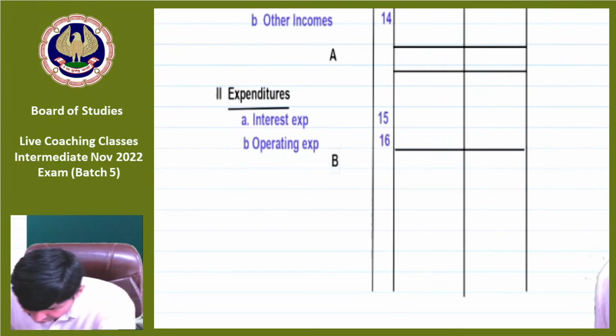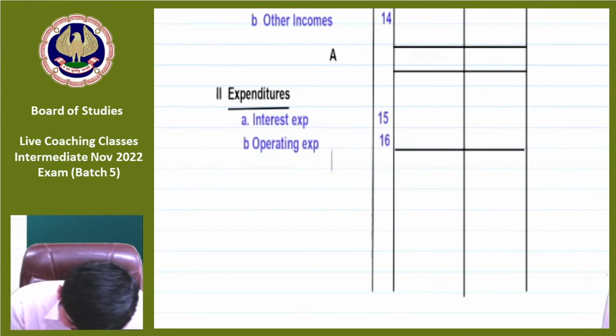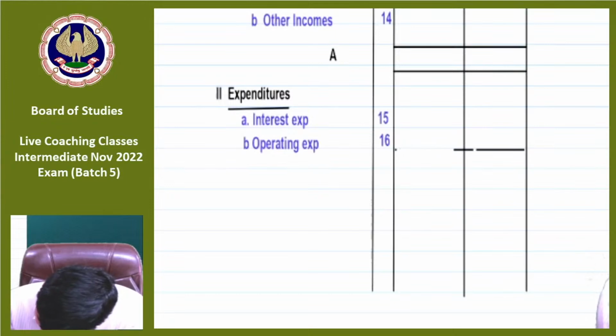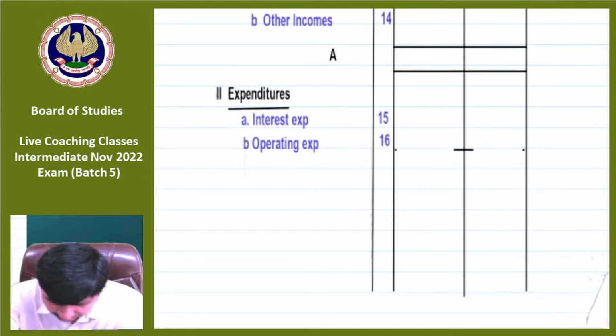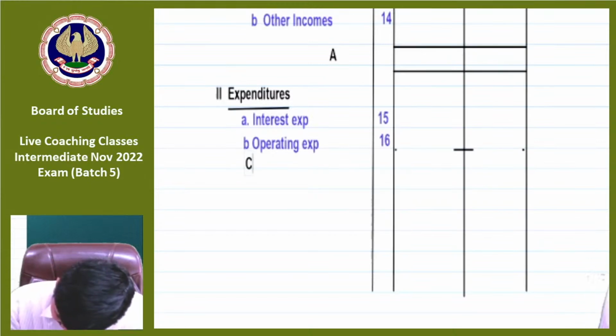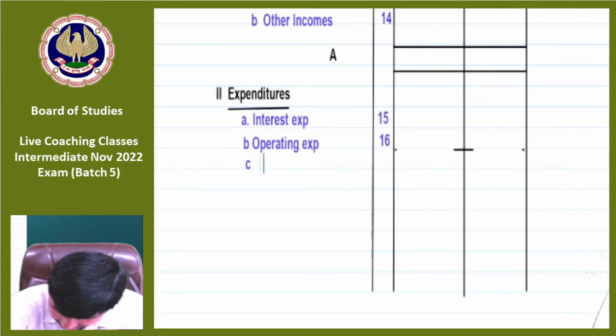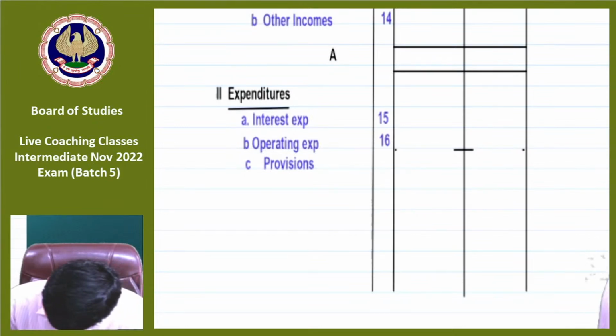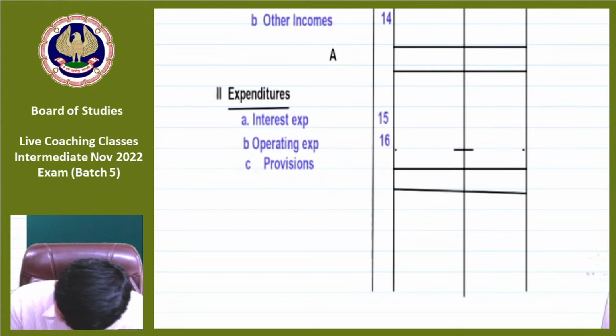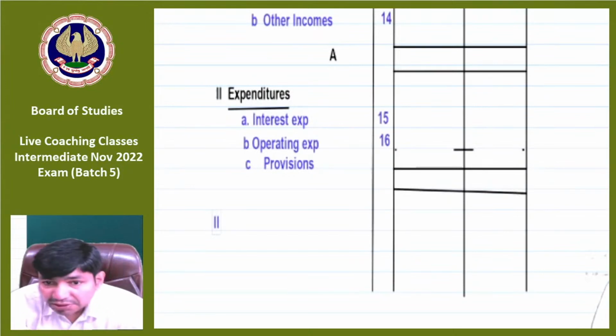Provision is also there. Yes. We have to insert provision part also. Please give here C point. C point. Provisions. Okay. After that, do total. And then only then give third column.